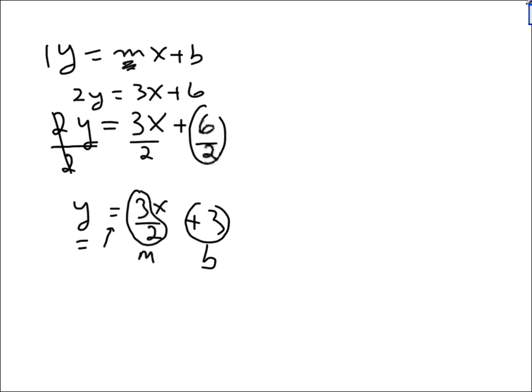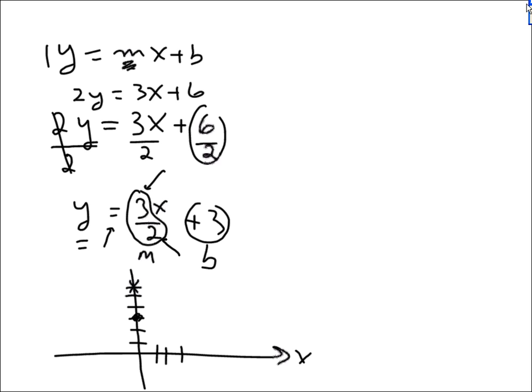Okay, so I know b is 3. That means I cross the y-axis at 3. 1, 2, 3, right there. And the 3 for the slope on top, that's the change in y. That is, I go up 3 more. And the 2 is the change in x. So I go 2 to the right, and that's my other point. Again, if you don't like doing it on the graph itself, you can take the point that you know, 0, 3. 0, comma, that number.